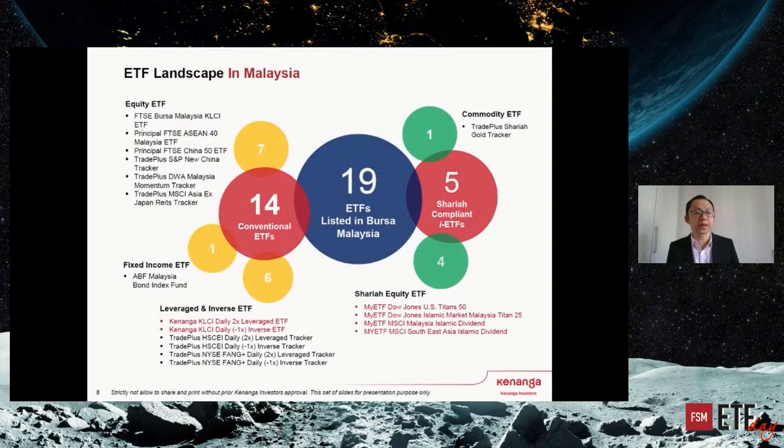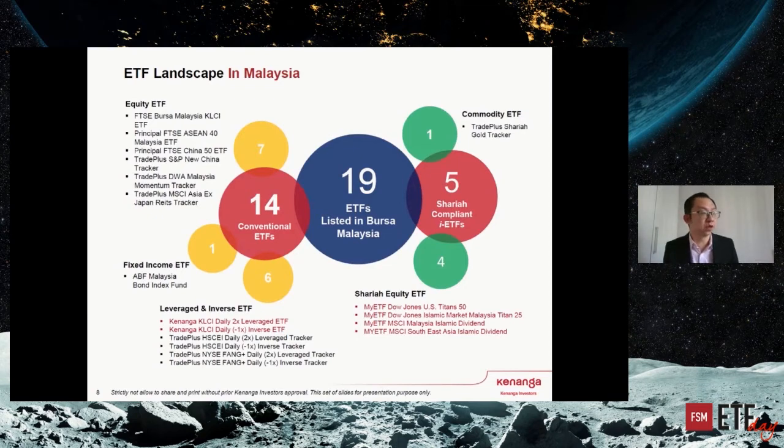Okay, so now I believe we already know roughly what is an ETF and what is an i-ETF, and now let's look at the ETF landscape in Malaysia. The speaker before me already mentioned that we have 19 ETFs listed on Bursa Malaysia.